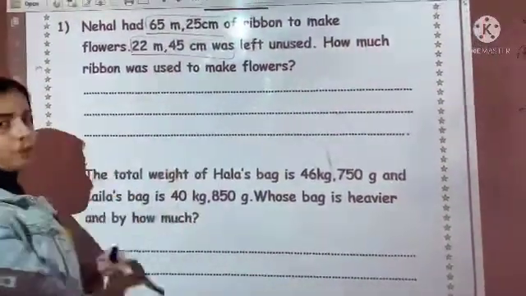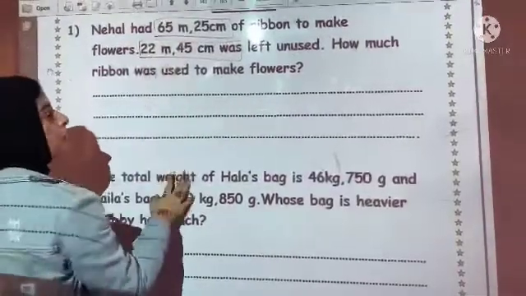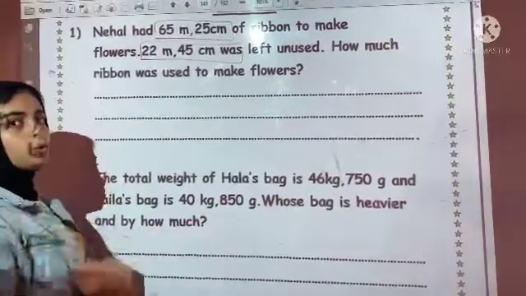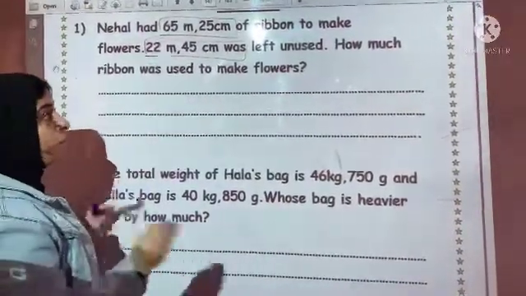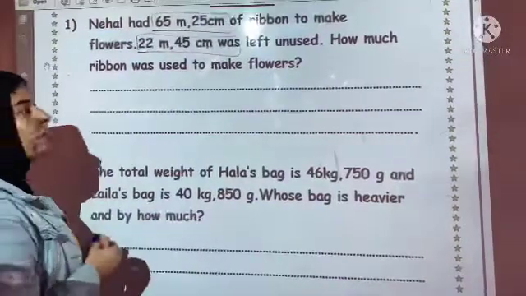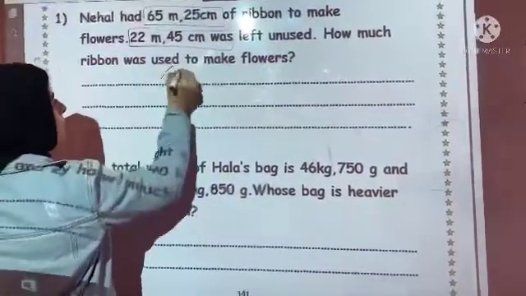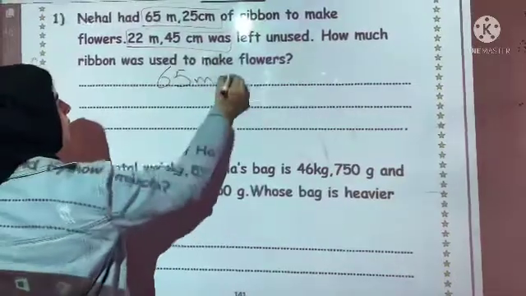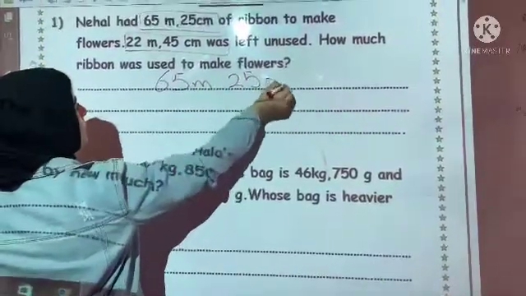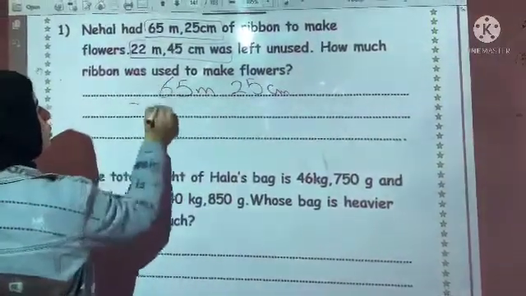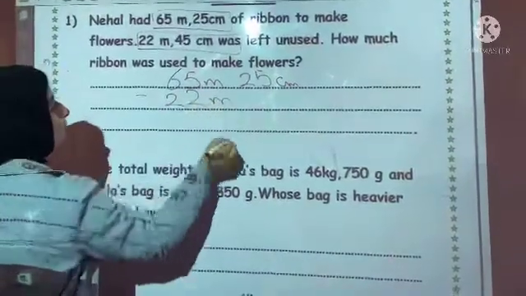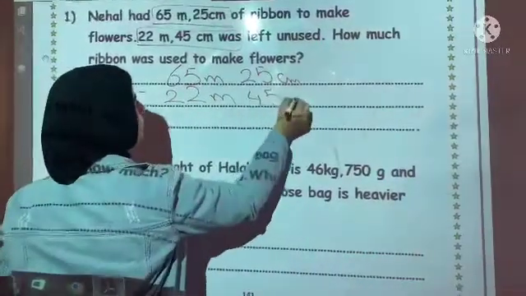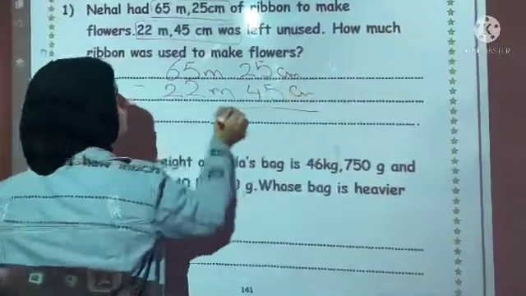And what is left with her? 22 meter and 45 centimeter. I want to know how much ribbon she used. That means I'm going to subtract: 65 meter and 25 centimeter minus 22 meter and 45 centimeter.